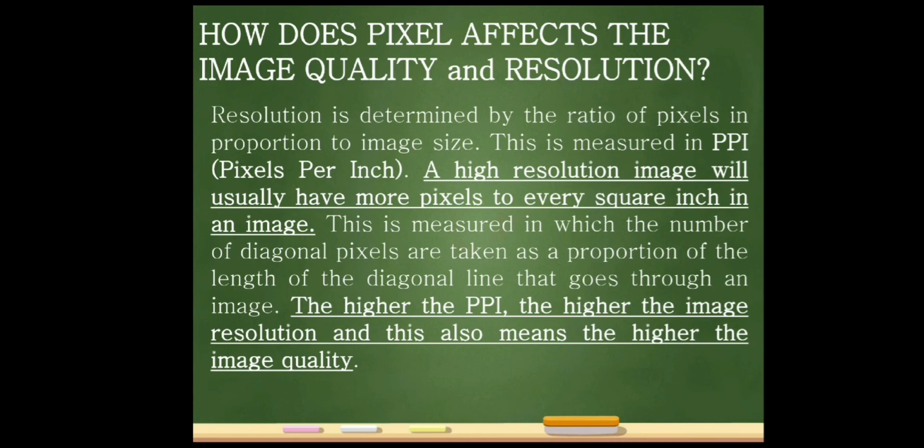This is measured by taking the number of diagonal pixels as a proportion of the length of the diagonal line that goes through an image. The higher the PPI, the higher the image resolution, and this also means the higher the image quality.